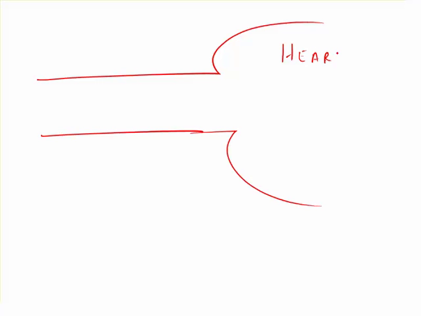Consider this is a blood vessel supplying an organ. For example, we take it as the heart. If the blood flow to the heart muscle is reduced, what is it called? It is called ischemia.